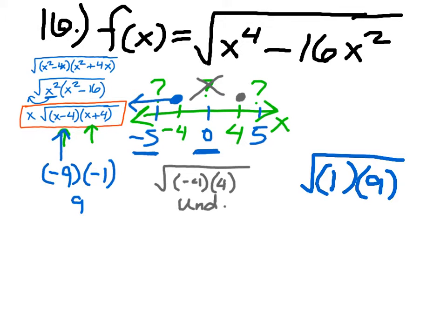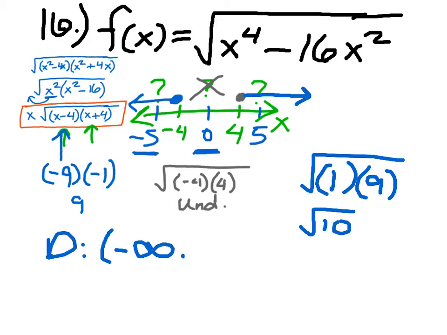So you get a positive times a positive, and I get root 10, which is a totally real number. So we end up having all the values above and including 4. So our domain can be written as negative infinity up to and including 4 union 4 to infinity.